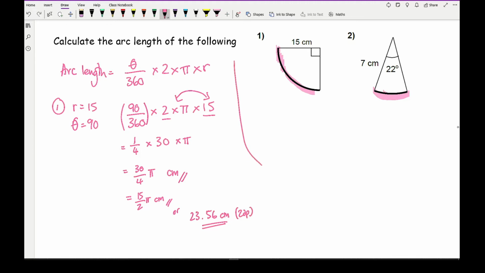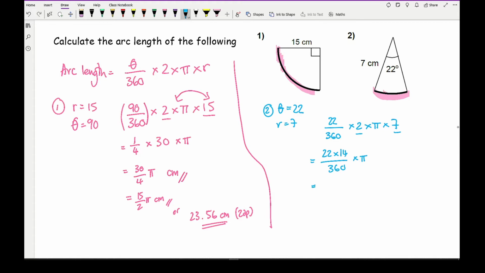So now working with question 2, again let's use a different colour. So for question 2 I've got theta equals 22 and r equals 7. So substituting it into the formula, I get 22 over 360 multiplied by 2 times pi times 7. So again, trying to simplify this, I get 22 times 2 times 7, which is 14, over 360, and that's being multiplied by pi. All I've done is just shuffle the numbers around.